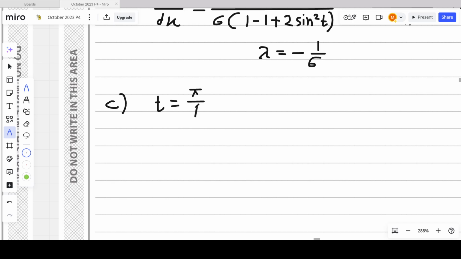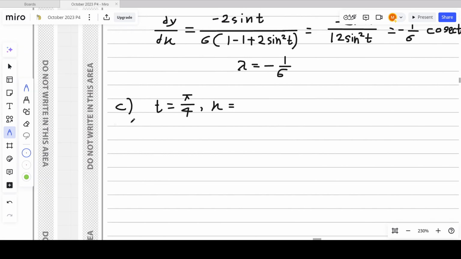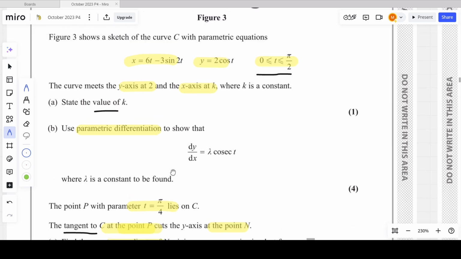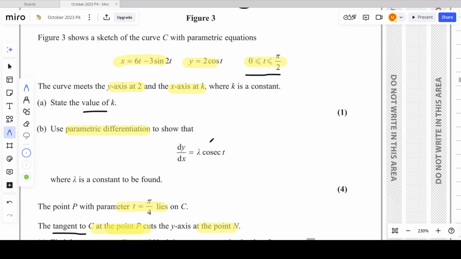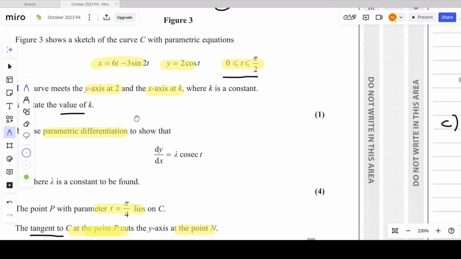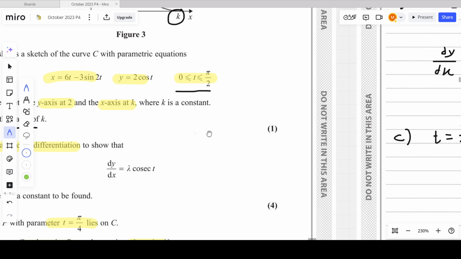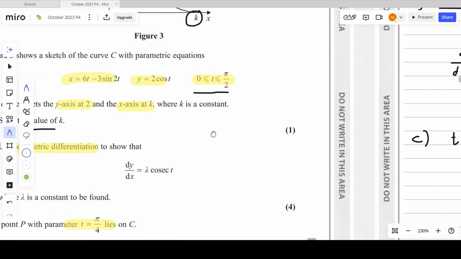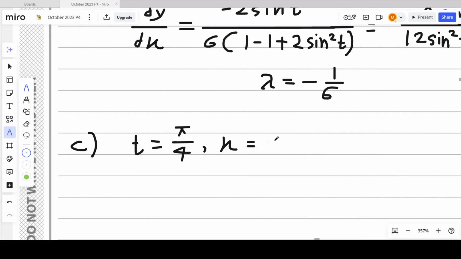So if t equals pi over 4, what would be the x coordinate? Pi over 4 is 45 degrees. So 6 pi over 4, that is 3 pi over 2. So 3 pi over 2 minus what?